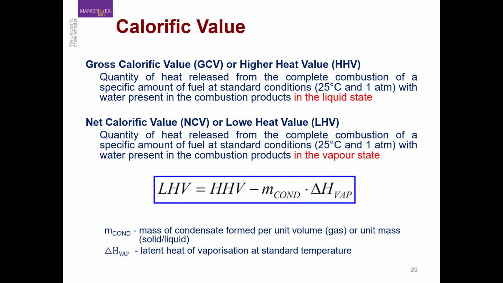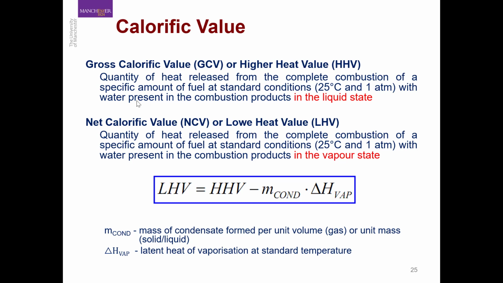In a nutshell, calorific value gives you the amount of energy stored per unit kilogram of the fuel. There are two of these calorific values: the gross calorific value or higher heat value, and the net calorific value or lower heat value.